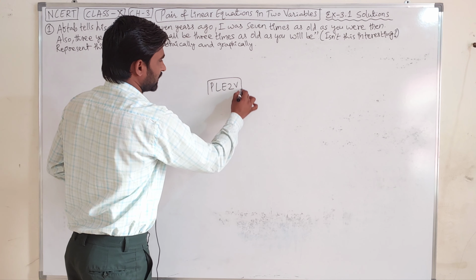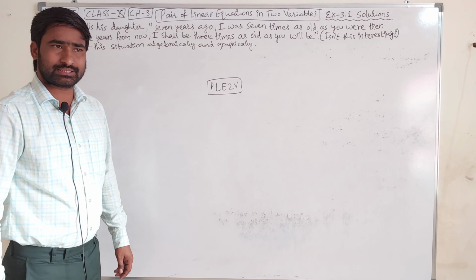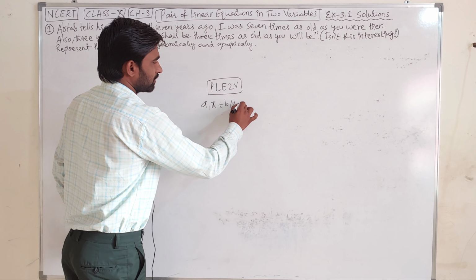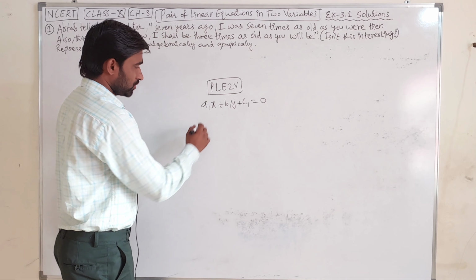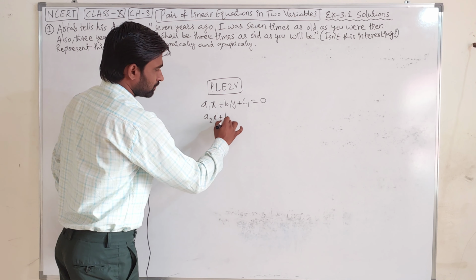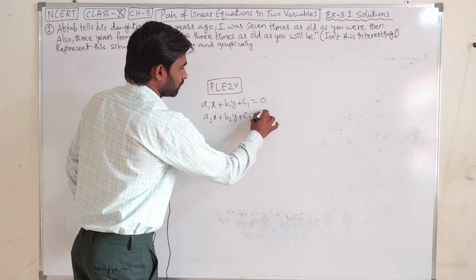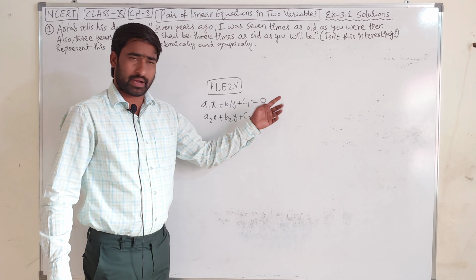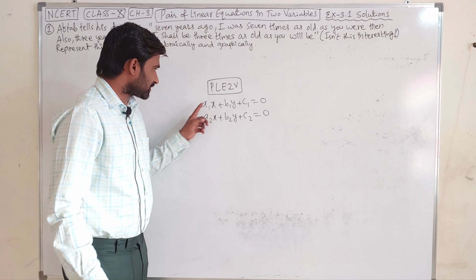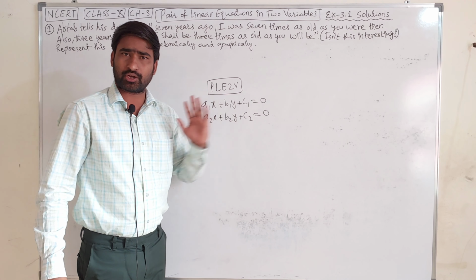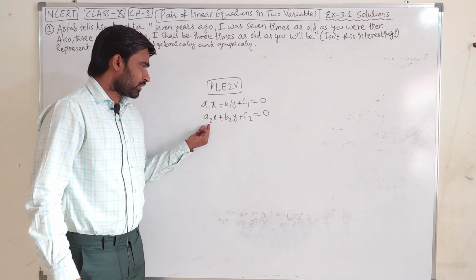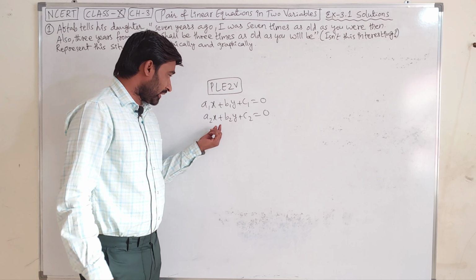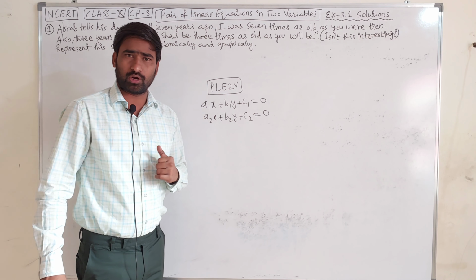PLE2V. Pair of linear equations in two variables, and the standard form is a1x plus b1y plus c1 equal to 0, and a2x plus b2y plus c2 equal to 0, where a1, b1, c1 are real numbers and a1 square plus b1 square cannot be equal to 0, and similarly a2, b2, c2 are also real numbers and a2 square plus b2 square cannot be equal to 0.